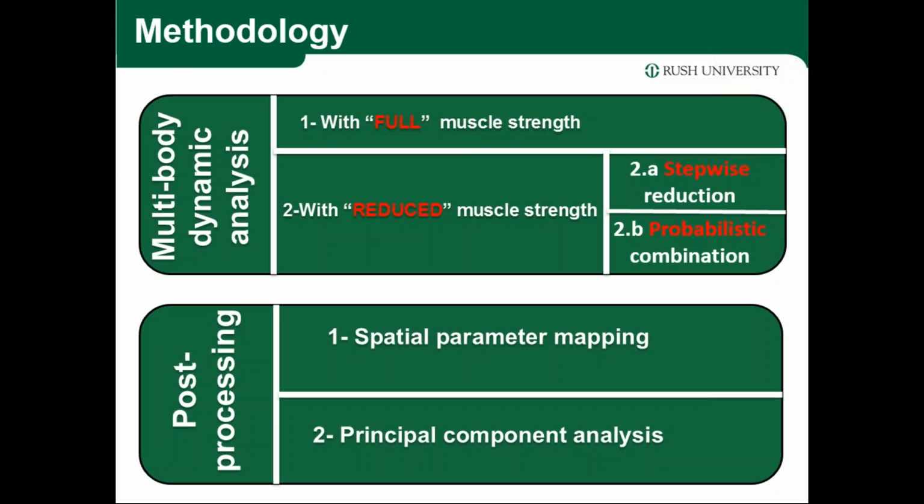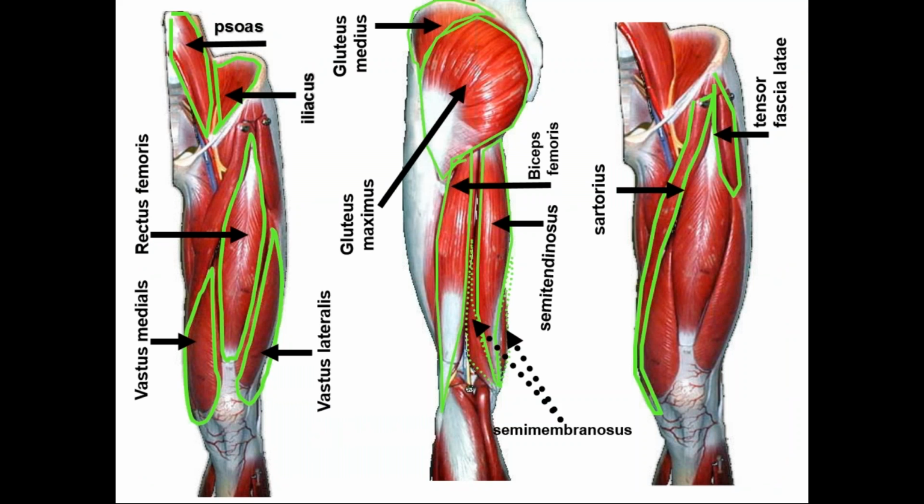So if you are interested in investigating more about post-processing, you can refer to our paper. But let's start with reviewing the multi-body dynamics and then how muscles are modeled in AnyBody. Okay, just for a very quick review, we know that the hip extensors and hip flexors, knee flexors and knee extensors are the main groups that direct the human gait.